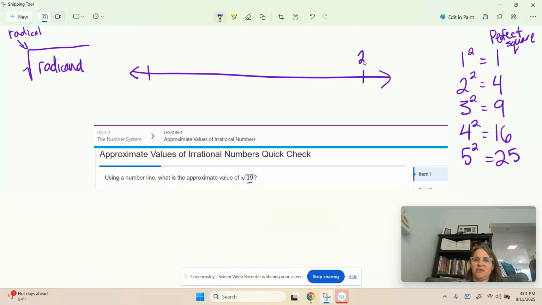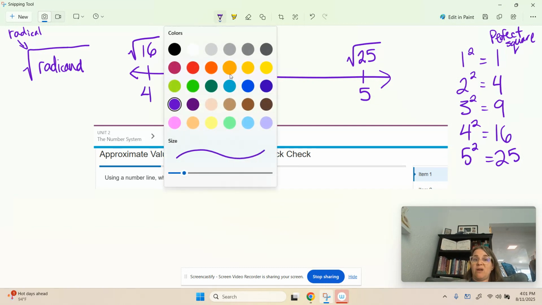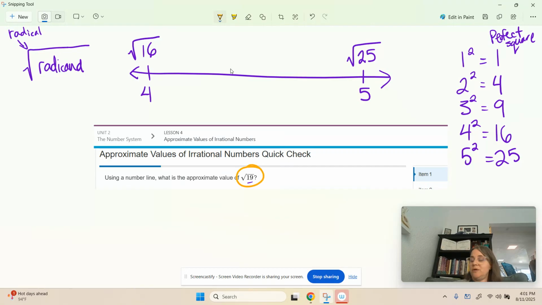So we know that if 25 is the radicand, then the square root of 25 is 5. If 16 was the radicand, then the square root of 16 would be 4. Now, again, we're guessing here. We don't know where the square root of 19 is, but we know it's somewhere in here. It's got to be between 4 and 5, but we don't know where.